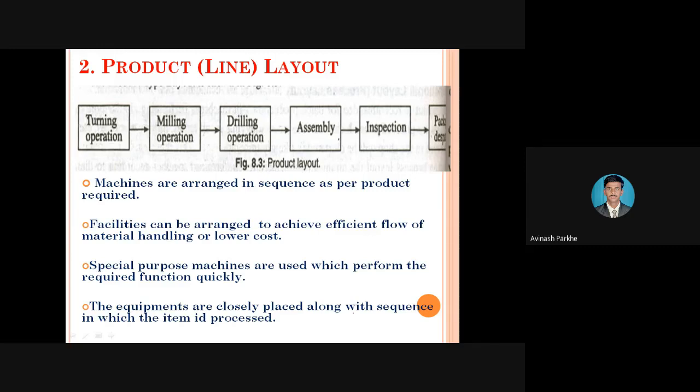If all the operations are performed on the second machine, again it will be moved to the third machine. So whatever the distance I have kept between machines 1 to 2, 2 to 3, 3 to 4, it is very small, and all the machines are very close to each other.